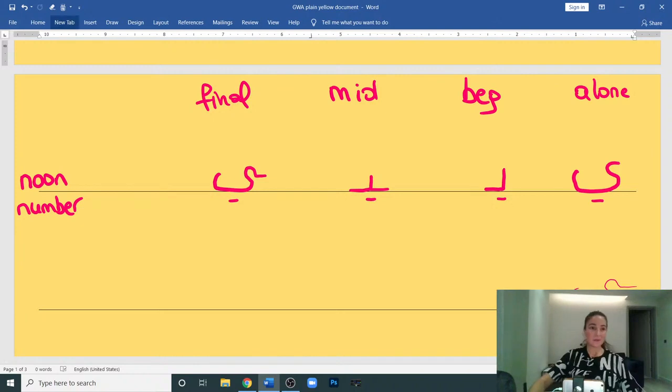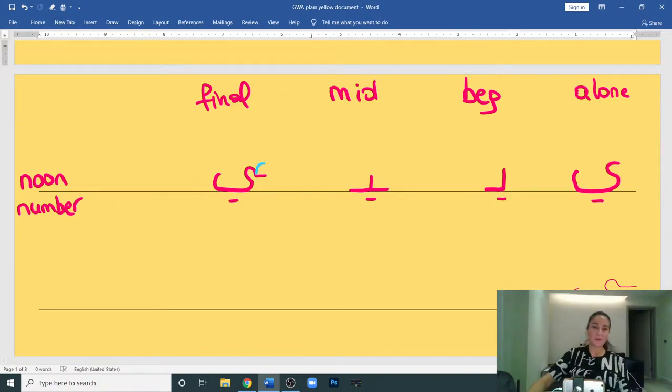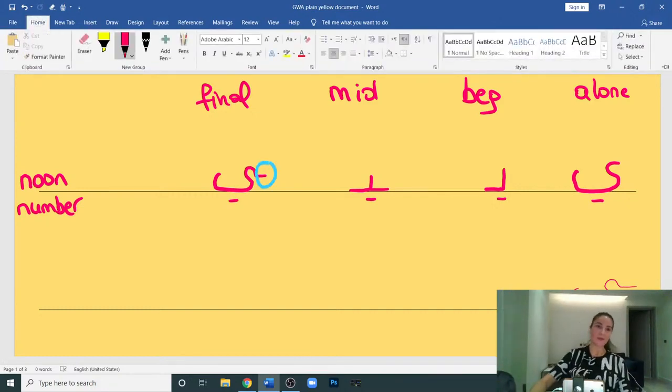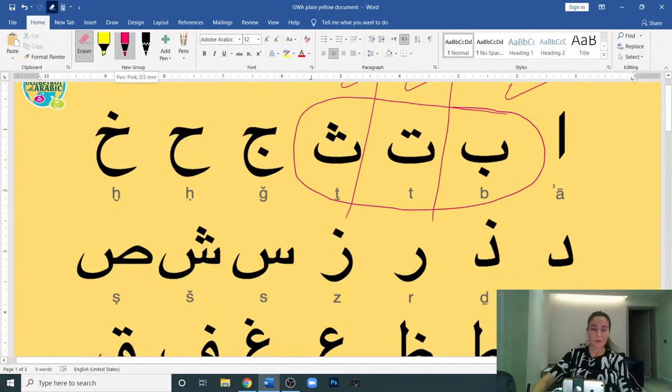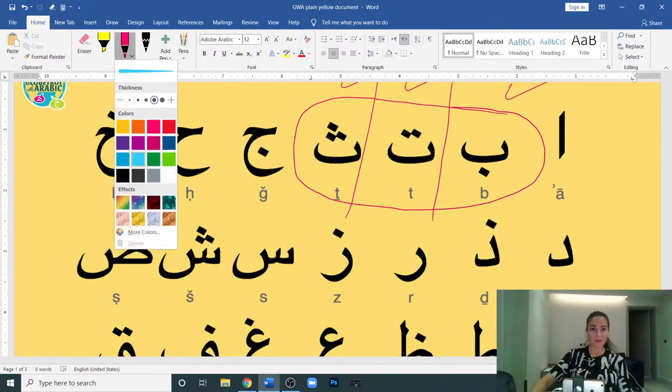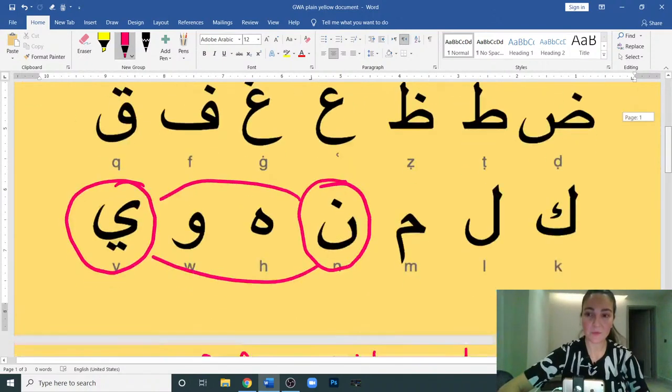So now, what do you notice here in the final shape of the ya? You will notice that the tail here is floating. What does this mean? Again, which means the letters before should go up, should fly with it, okay? So we have to remember to start writing a little bit higher, not on the line, okay?